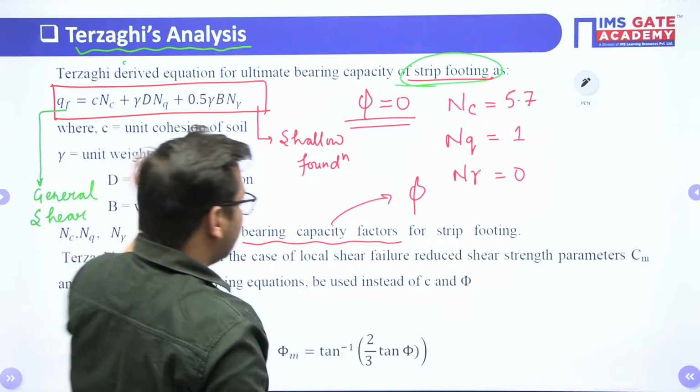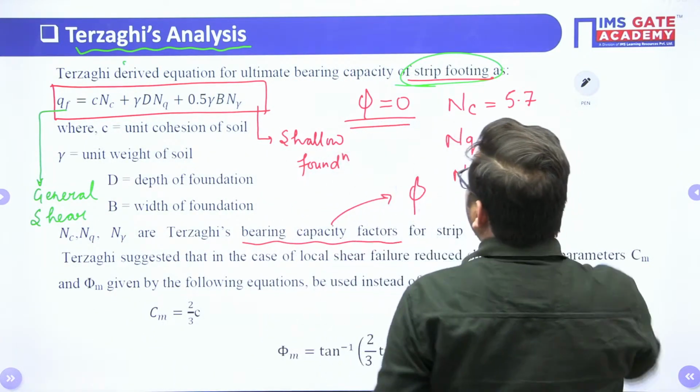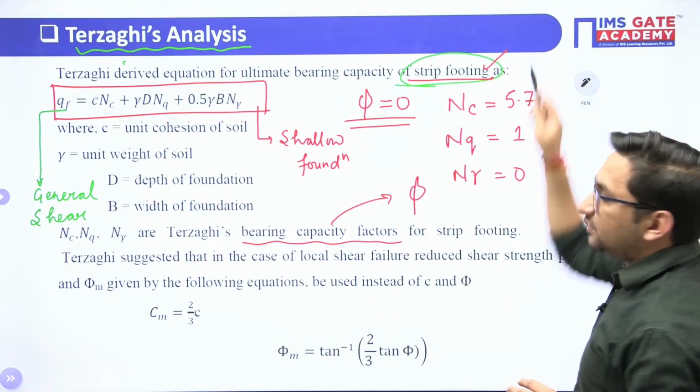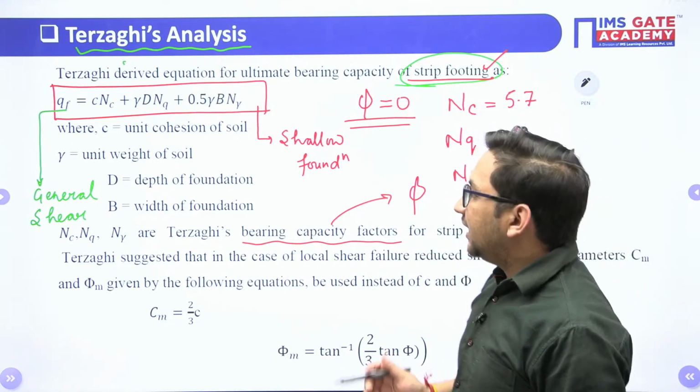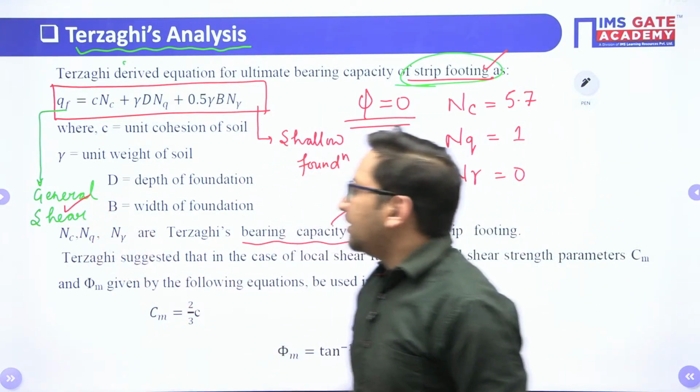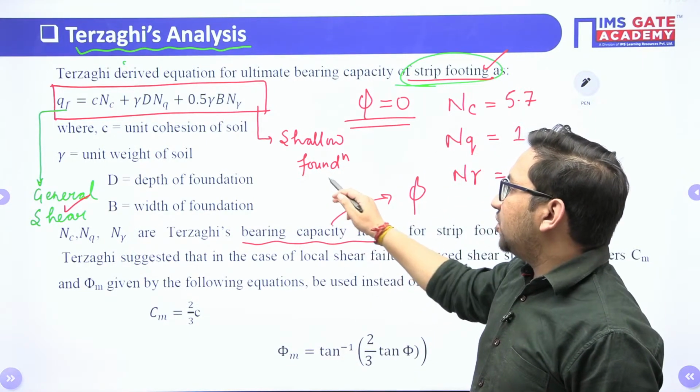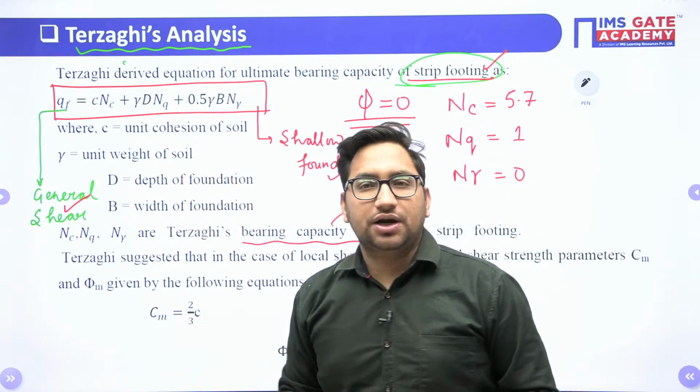Clear? So these three assumptions should be known to you: it is valid for strip footing, shallow foundation and general shear failure. If these cases are given to you, you can use this equation.